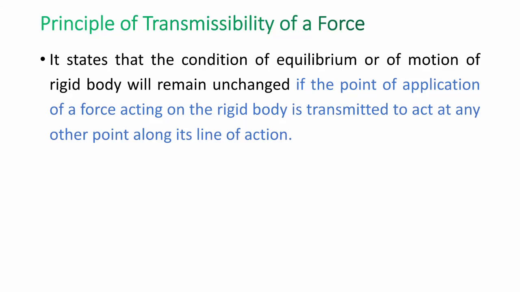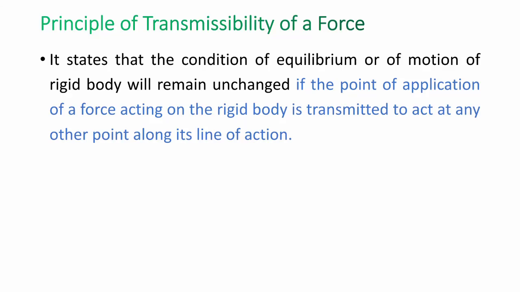So if a body is subjected to any kind of force, it is going to retain its equilibrium position. Without changing that equilibrium position, we need to transmit the force from one point to another point through the line of action.